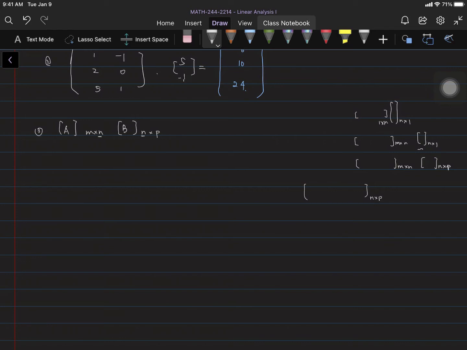So we are going to look at B as made by column vectors this way, and we do multiplication. I'm going to show you this in an example. The definition is given this way.